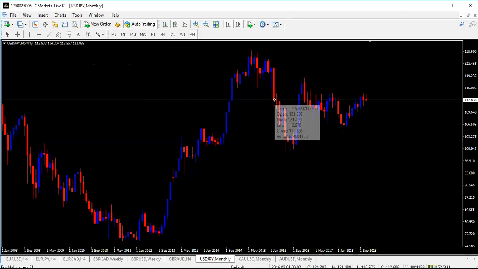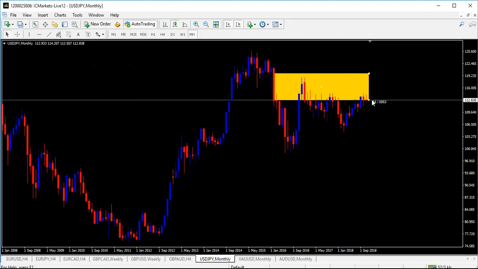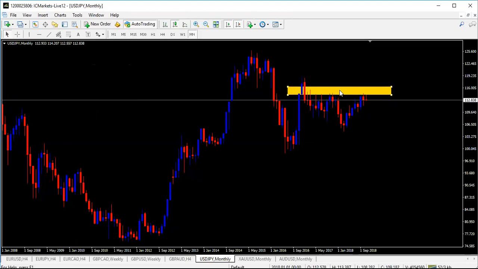I'm going to use this candle here, this big candle. See what's going on here? I don't like too much information, so I'm going to break this down. The last time the market fell was here.